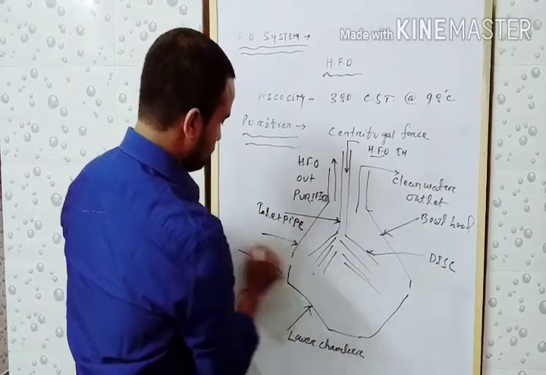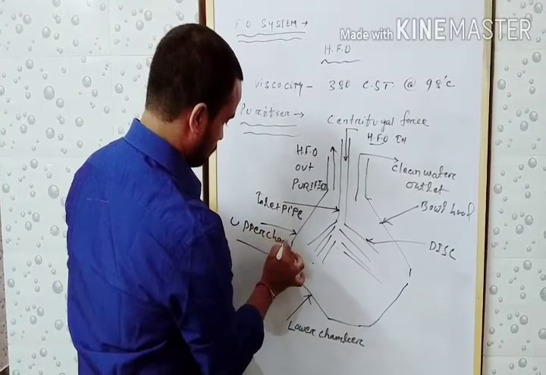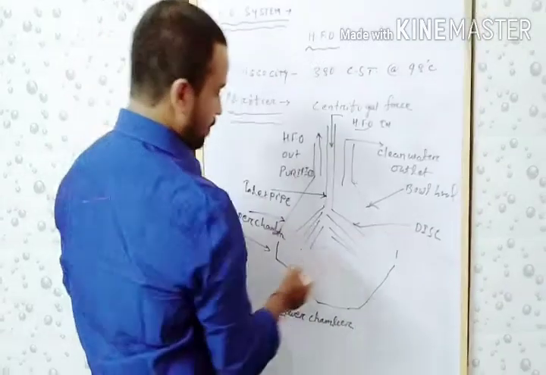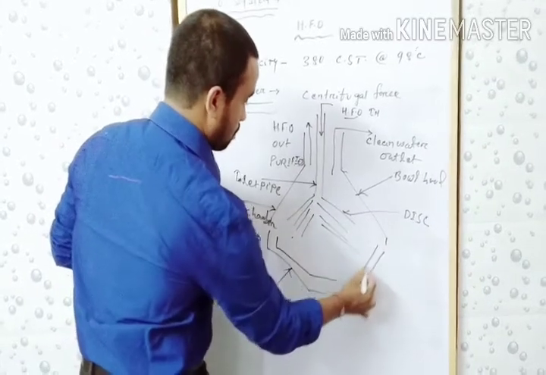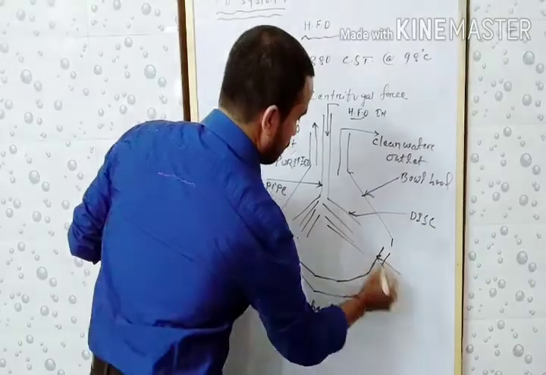This is the upper chamber. This is called the lower chamber. In between there is the impeller disc.